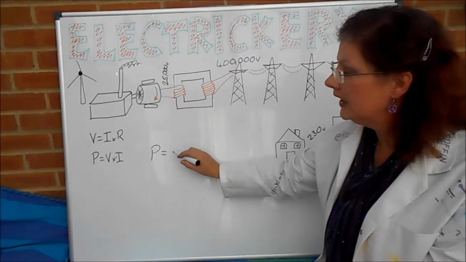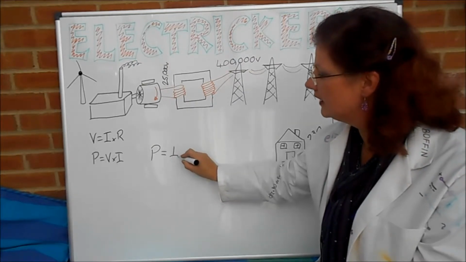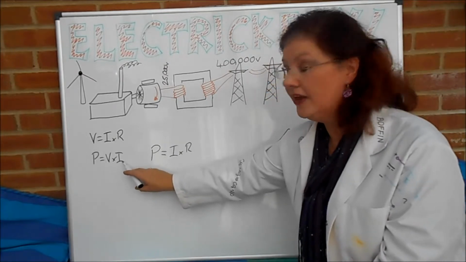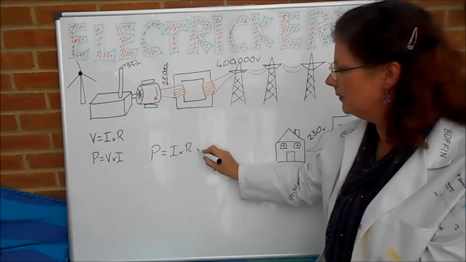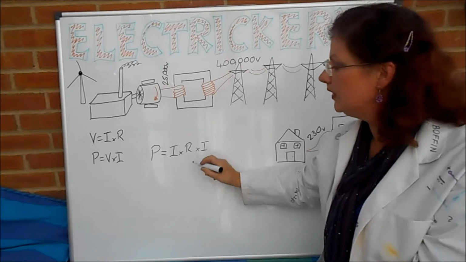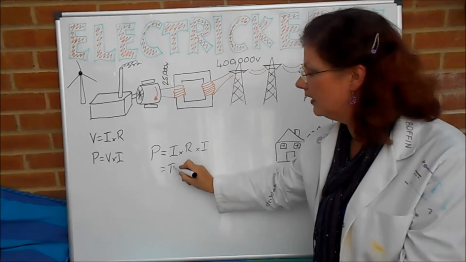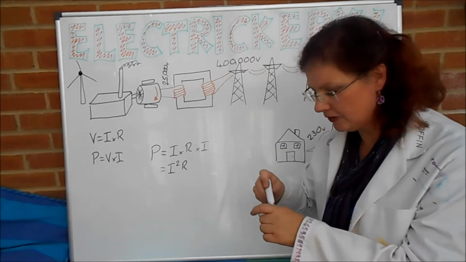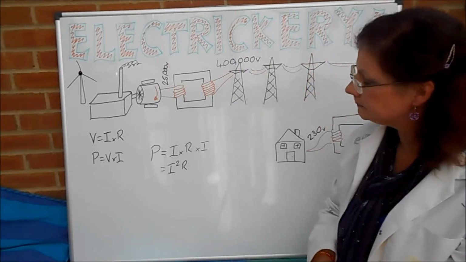Right, here we go. Instead of V, I'm going to write I times R, so that's my V, and then we've got another times I on the end as well. And we can write that more shortly as I squared R. Again, you may have seen that. Power equals I squared R is quite a common one.